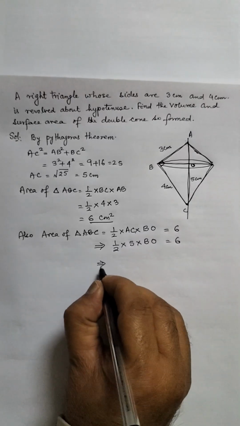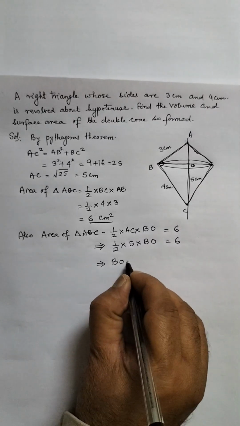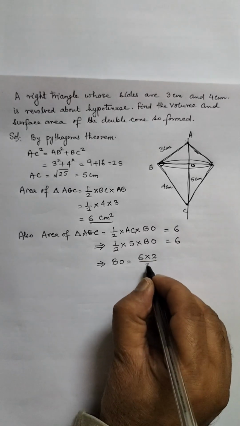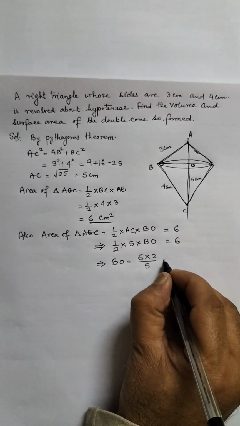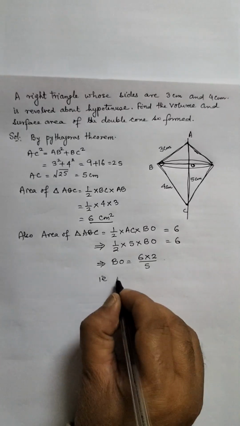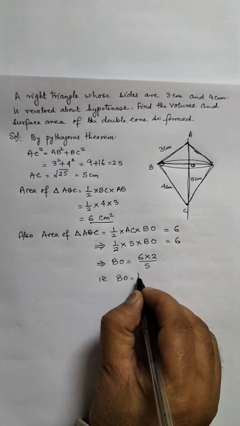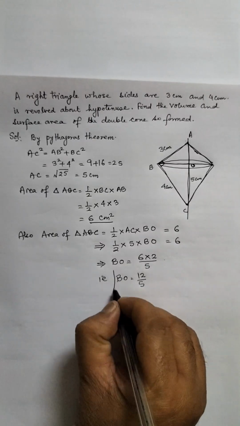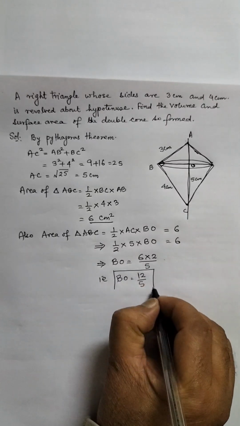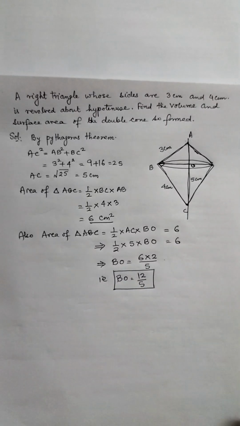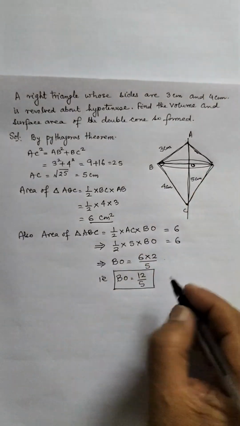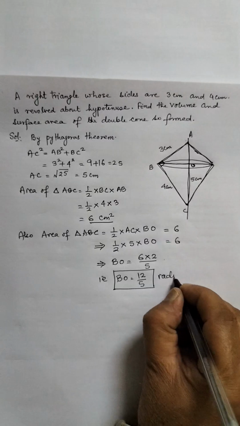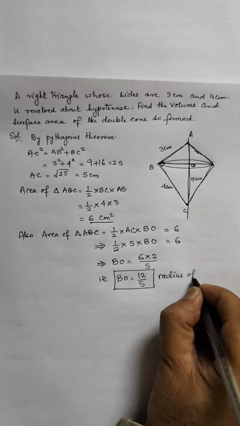This will give us BO is equal to 6 multiplied by 2 on 5, that is BO is 12 on 5. This is important information. Let us put it in a box. Now we got BO, which is nothing but the radius of cone.